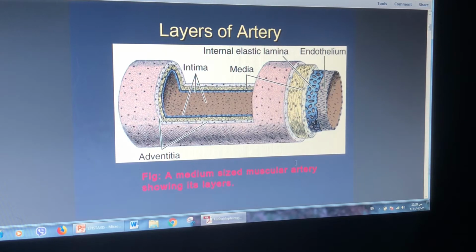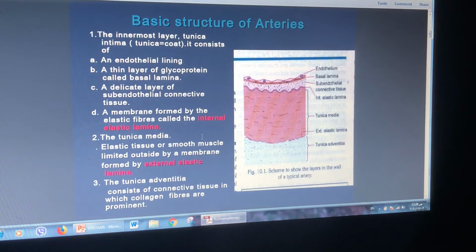Now, this slide shows the layers of an artery. This is the endothelium, this is the internal elastic lamina, this is the media, and this is the adventitia. Now, the basic structure of arteries.